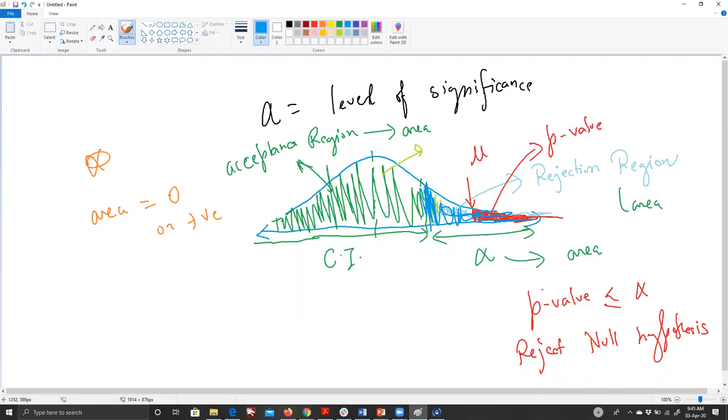Because if you are lesser than the alpha value, you will lie somewhere here, or this side. You want it to be here at least, or somewhere inside. But if you are less than alpha, how can you be inside? Again, remember, p-value is an area, so it cannot be negative. Neither can alpha, nor the rest of the region. Any kind of integration that you are doing, you are going to get either 0 or a positive value.